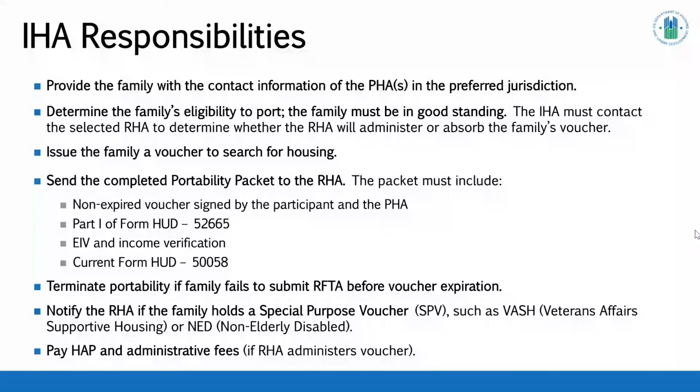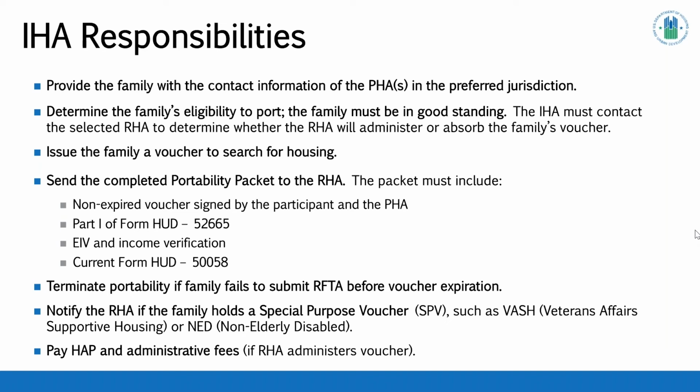The next question is, what are all the required documents that the IHA must provide to the RHA? So the IHA must provide a copy of the voucher issued to the family, and it has to be signed and current.